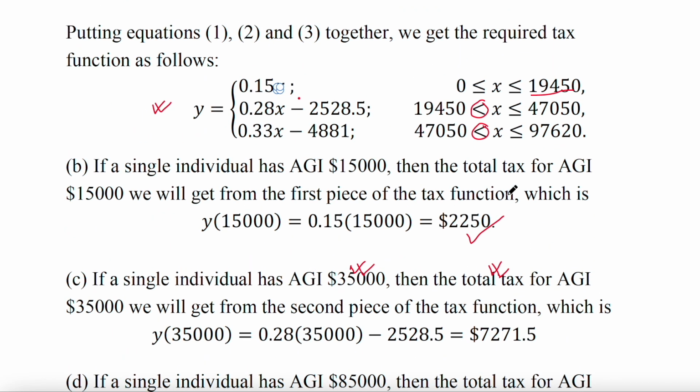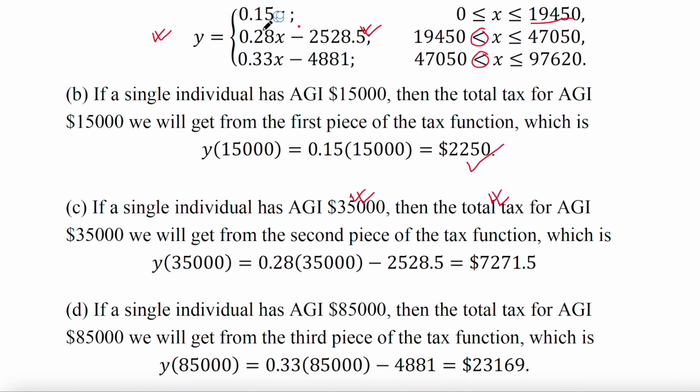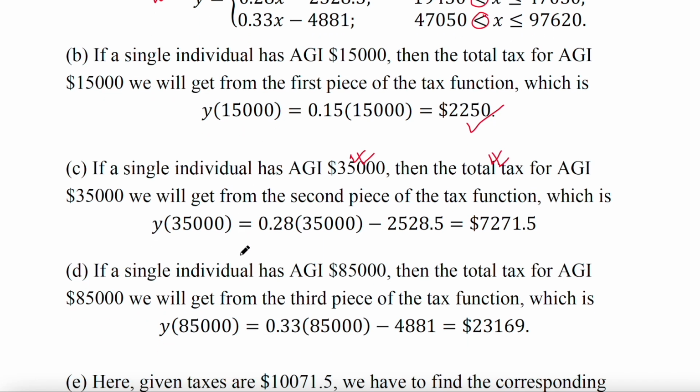That we can calculate from the second function, because 35,000 is within this range. So we just need to replace x by 35,000 in the second function to get the total tax, which is this.